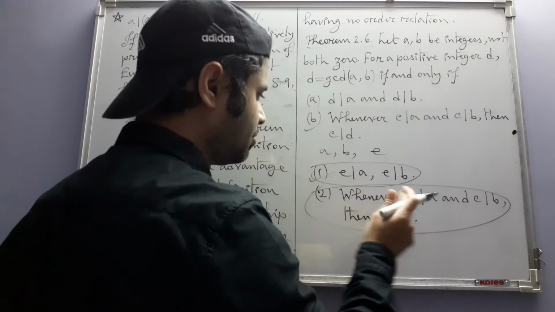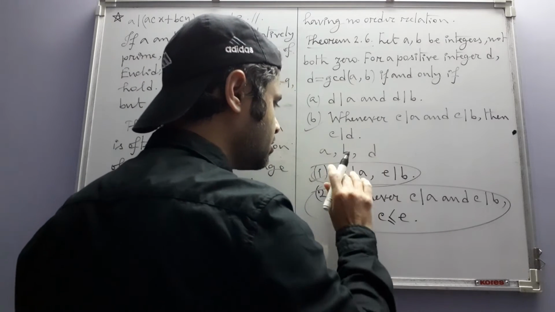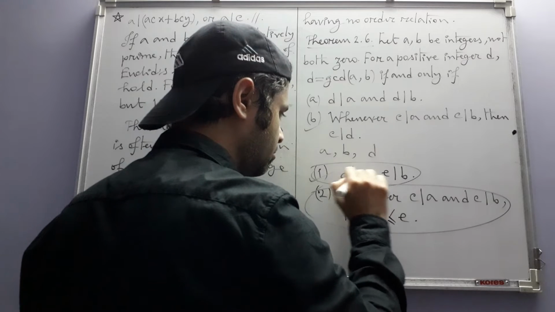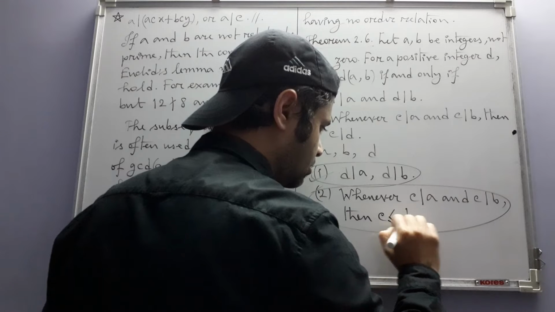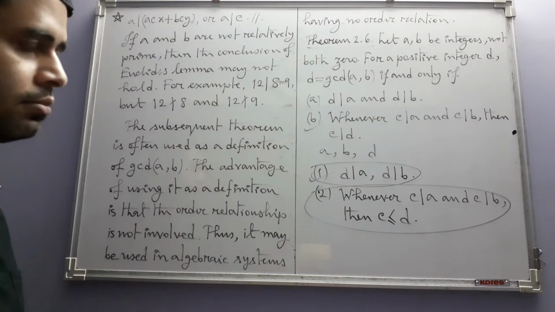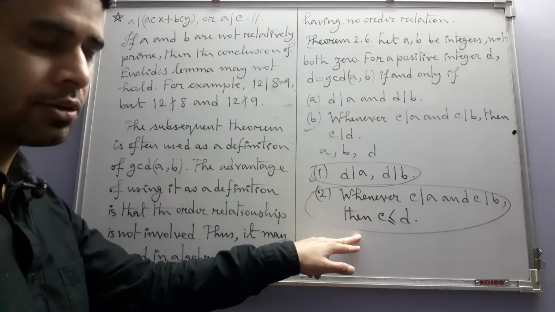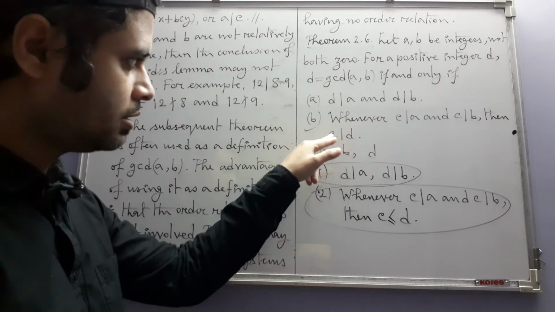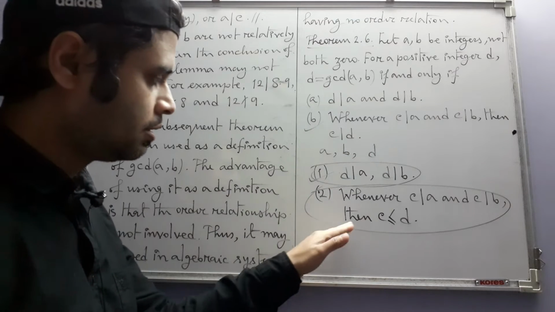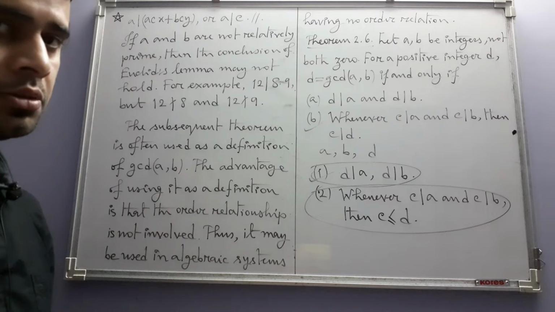Here, for the sake of comparison, if you used d here, then you get this condition b, whereas here you get condition 2. In condition b the conclusion is c has to divide d. Here the conclusion is c must be less than or equal to d.